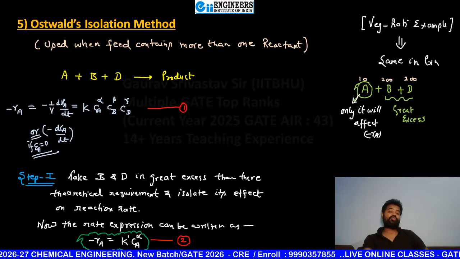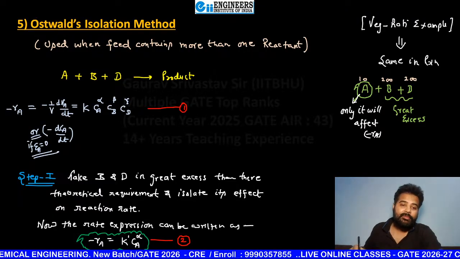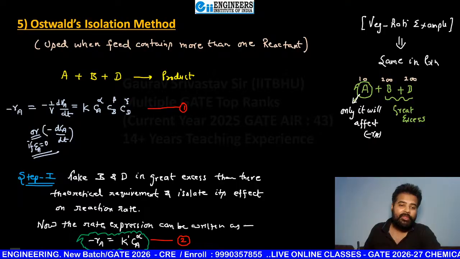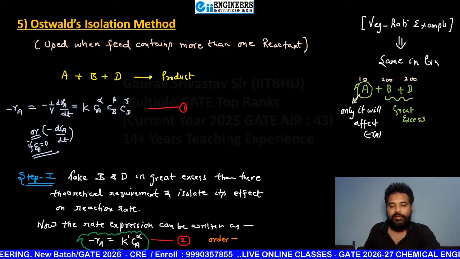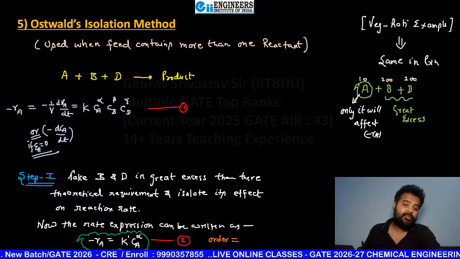So clearly it is pseudo. Can you tell me its order? Previously the order was alpha plus beta plus gamma.